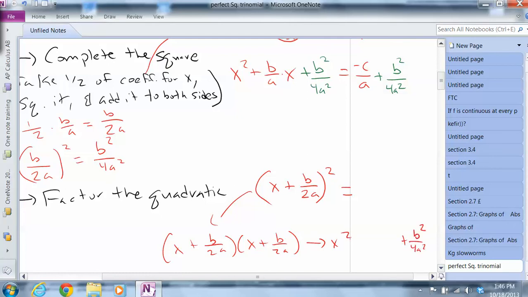But in the middle, remember, you have x with this and b over 2a with that x, right? So you have b over 2a times x plus b over 2a times x. Both these have the same denominator, right? So it becomes plus 2b over 2a times x, and those twos cancel. So it gets you back to the original equation.